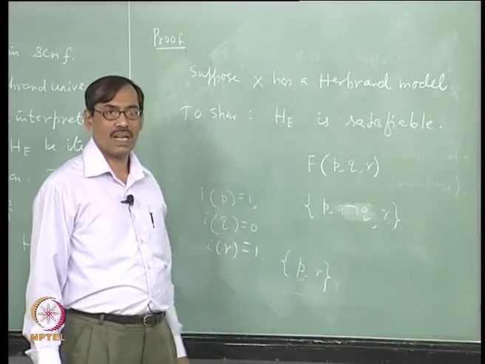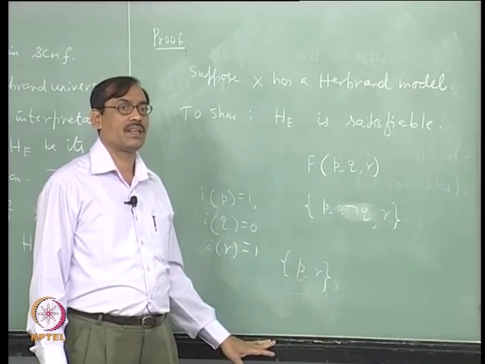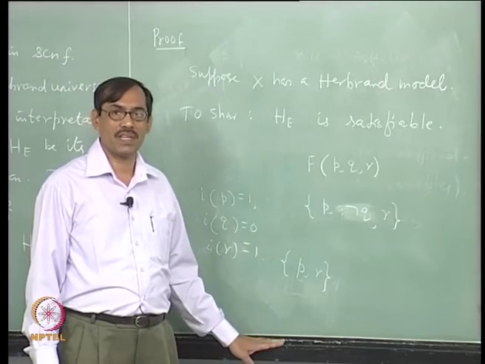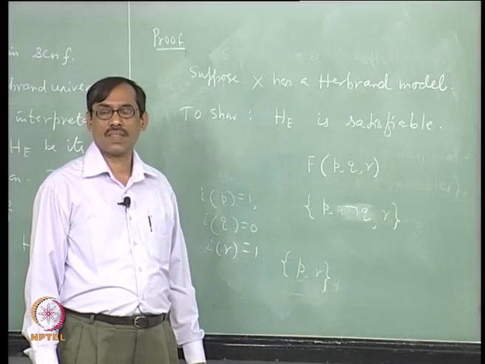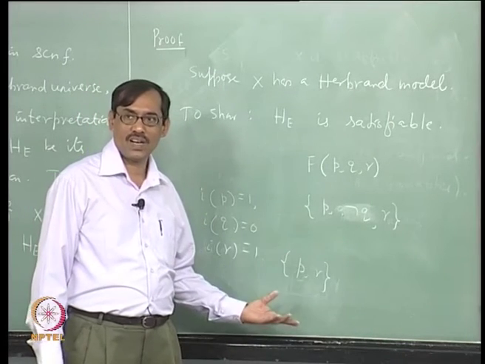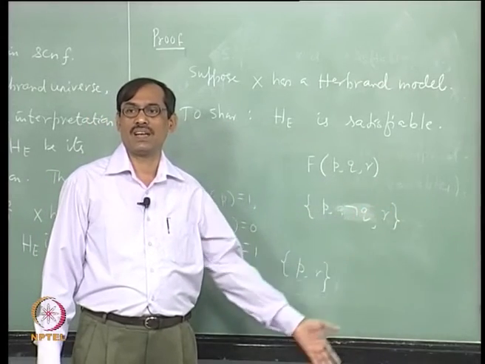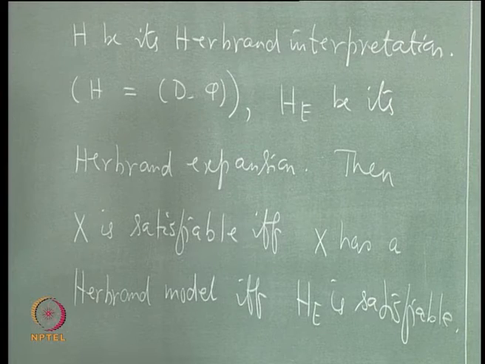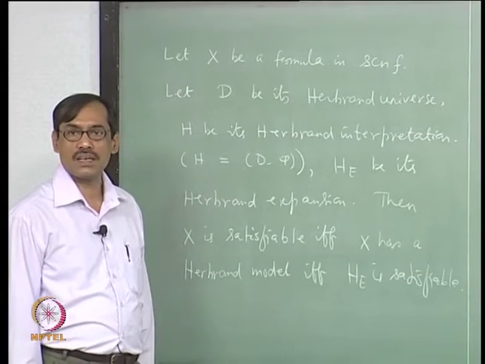Once it has a Herbrand model, then the formula is satisfied, it is universally quantified. So it is satisfied when all the free variables are substituted by the terms from the Herbrand universe, right. So their substitution is equivalent to telling all the formulas in HE are satisfied, that is all. Next, if HE is satisfiable, then X is satisfiable, is it clear?